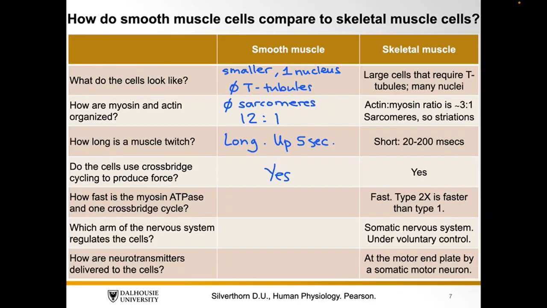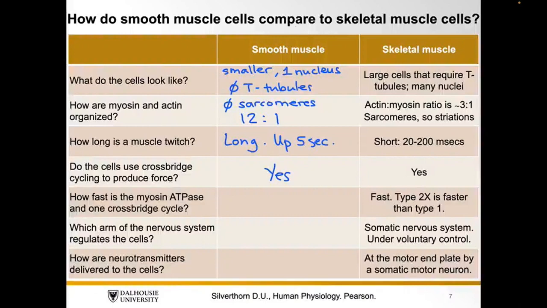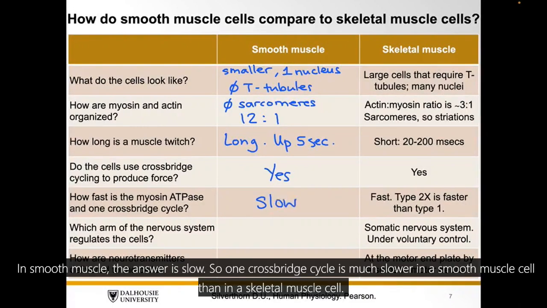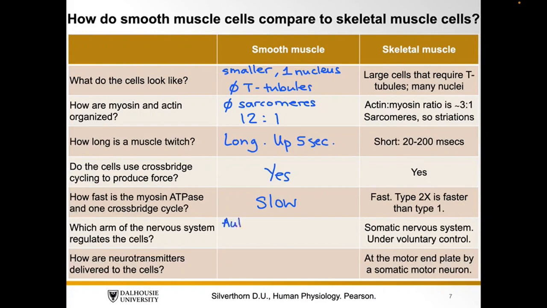Next question, how fast is the myosin ATPase in one cross-bridge cycle? In smooth muscle, the answer is slow. So one cross-bridge cycle is much slower in a smooth muscle cell than in a skeletal muscle cell. Next question, which arm of the nervous system regulates these cells? Smooth muscle cells are under the control of the autonomic nervous system.